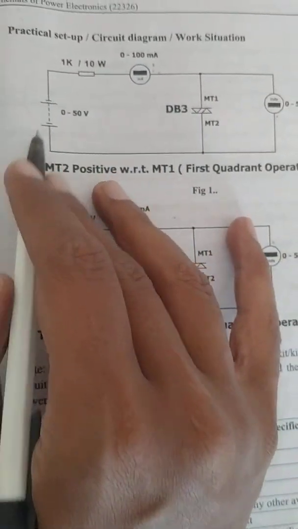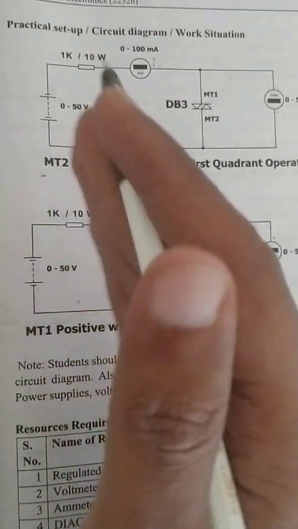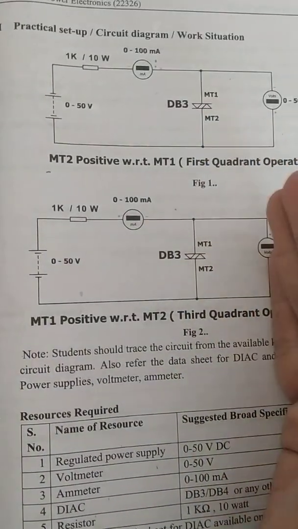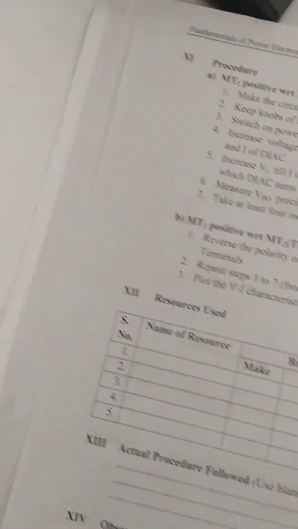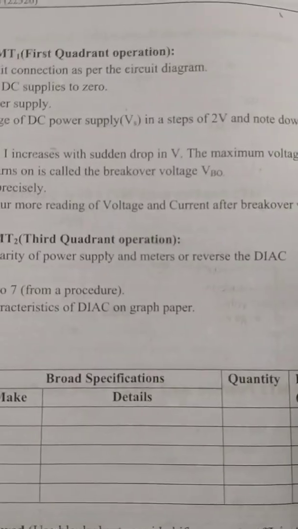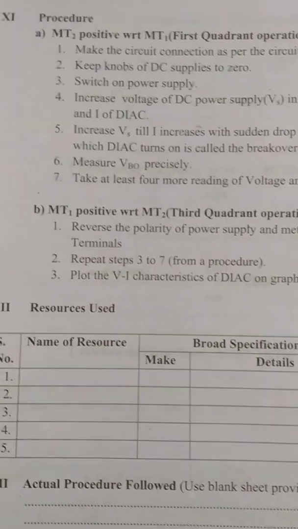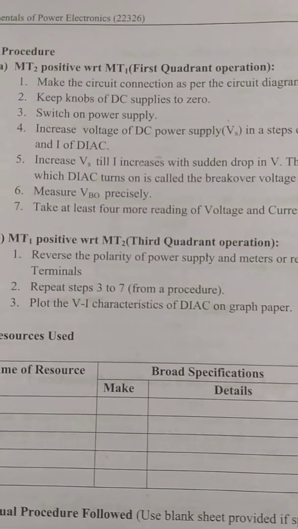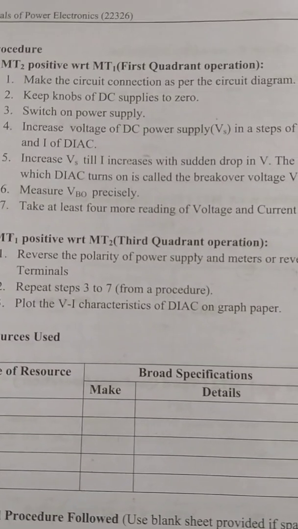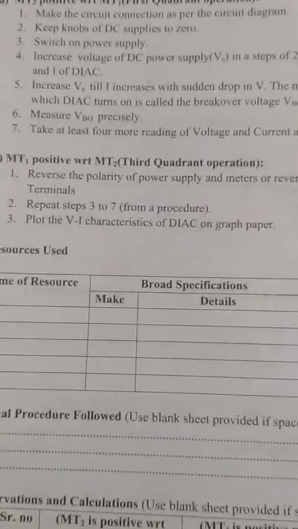We have to increase this supply in steps of 2 volts, means 0 volt, 2 volt, 4 volt, 6 volt and so on. And we have to record the values of voltage and current across the DIAC in table form. In the observation table we have to record these values.